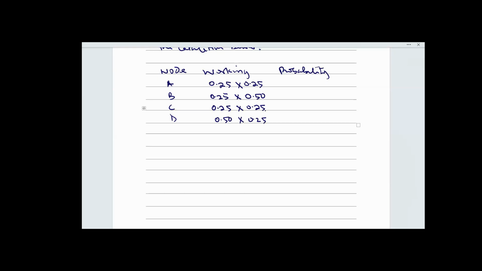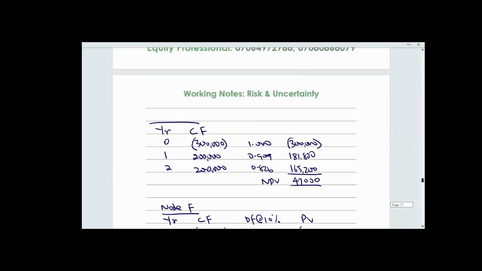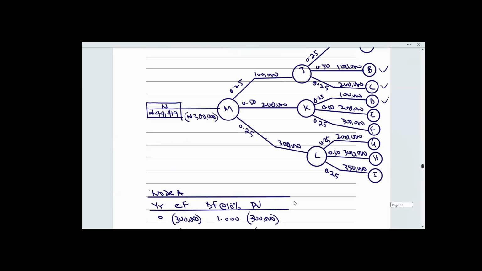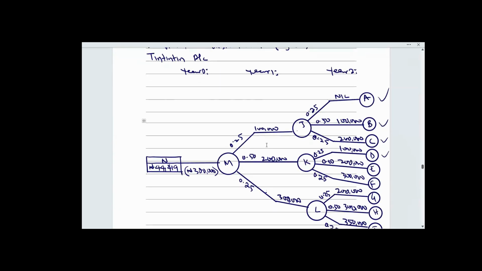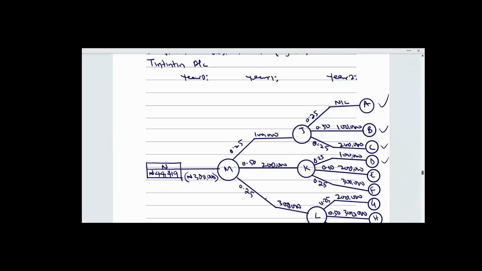Let me confirm C and D, just to be sure. Node C in year 1 probability 0.25. Okay. Then node D, 0.5, 0.25. Yeah, you are correct.